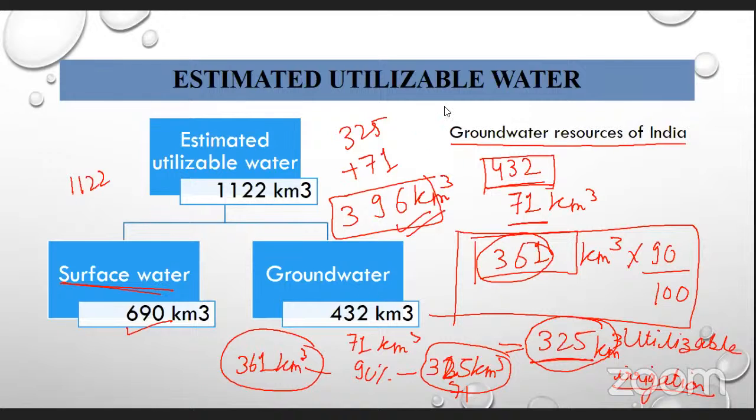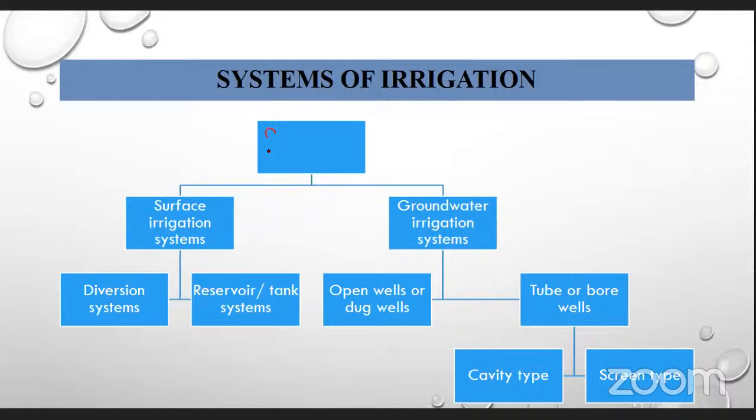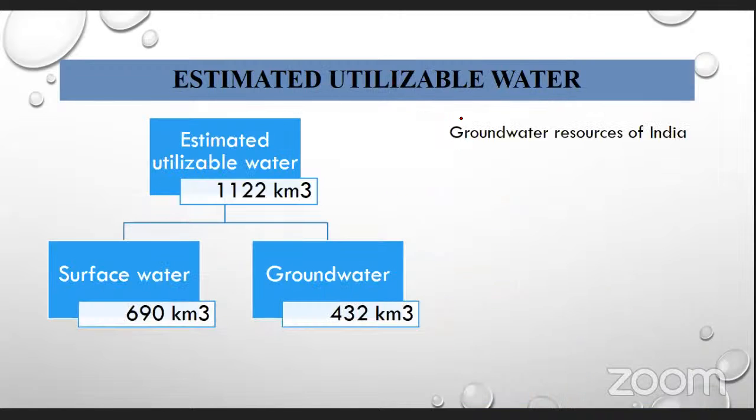Okay, now moving further to systems of irrigation. Before that, one more thing I have left: if someone asks you how much groundwater contribution to irrigation there is in terms of percentage, then it lies between 46% to 50%. Mostly 50% is mentioned in the answer.